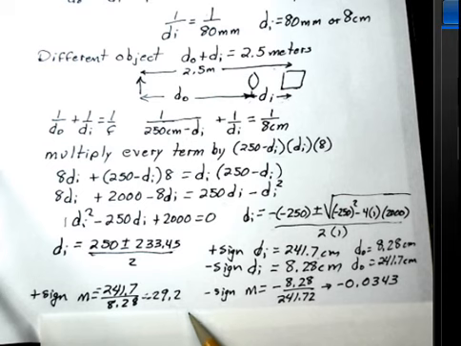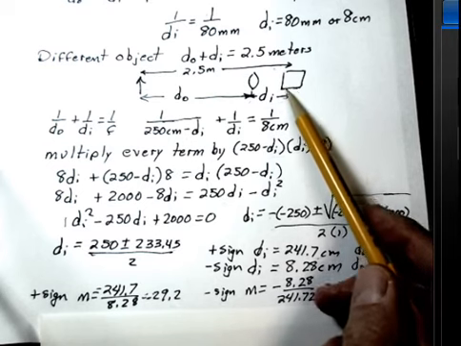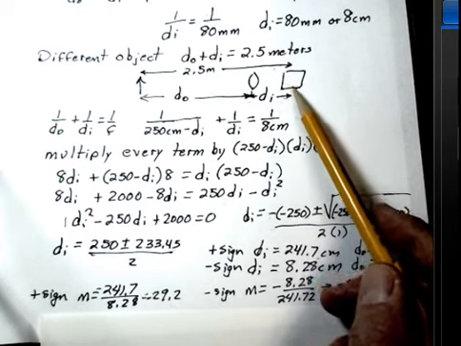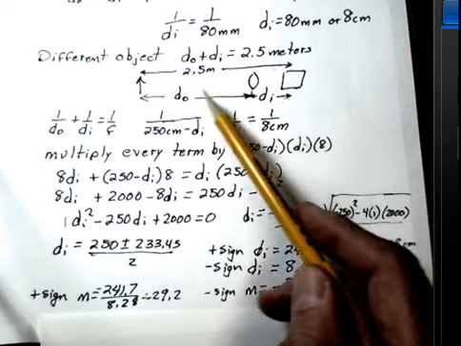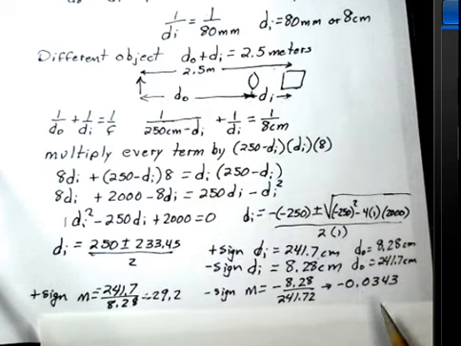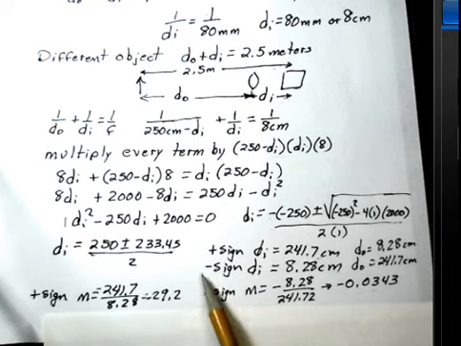Remember, we're trying to fit the image onto a sensor in a camera. So if this is a person, we need to shrink the size of the image compared to the object. So this is the reasonable answer. It is the minus sign that gives us the correct position of the lens.